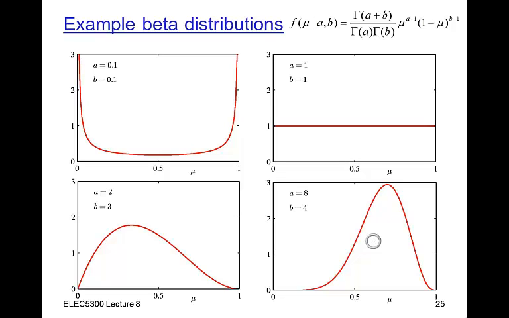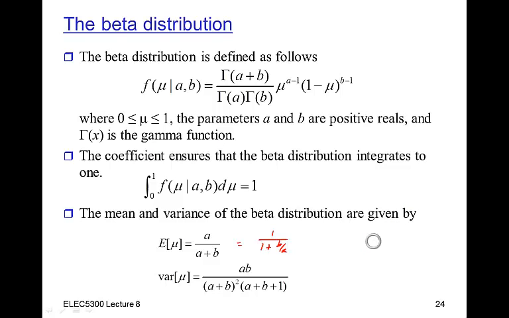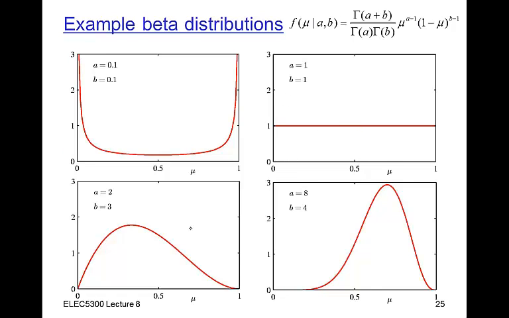Okay, so the key message to take home then is this beta distribution has a functional form that looks kind of like the likelihood. It generates these distributions over mu that look reasonable for modeling the probability of coin flips.